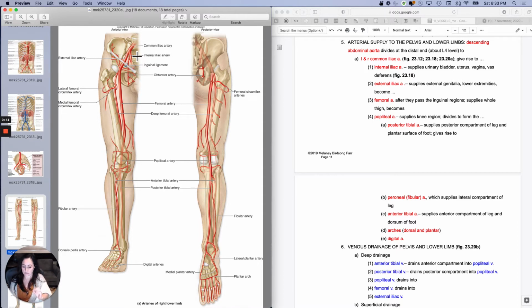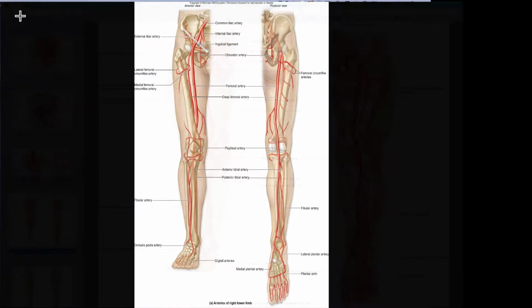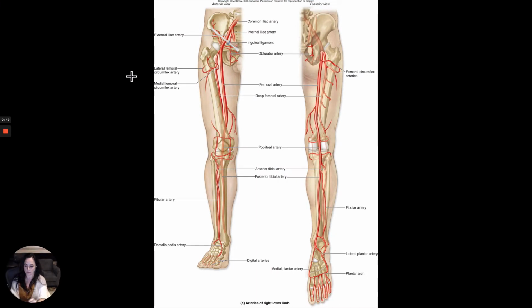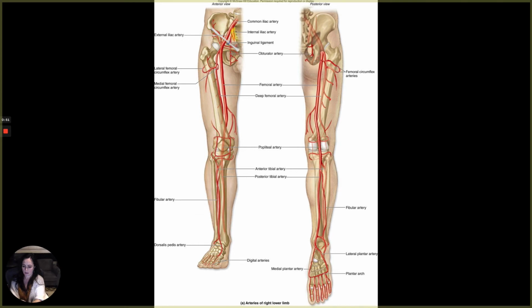So then it's going to split into the internal iliac artery. And the internal iliac artery, to oversimplify, kind of gives blood supply to your pelvic cavity, your junk, your urinary bladder, the uterus, the vagina, the vas deferens.